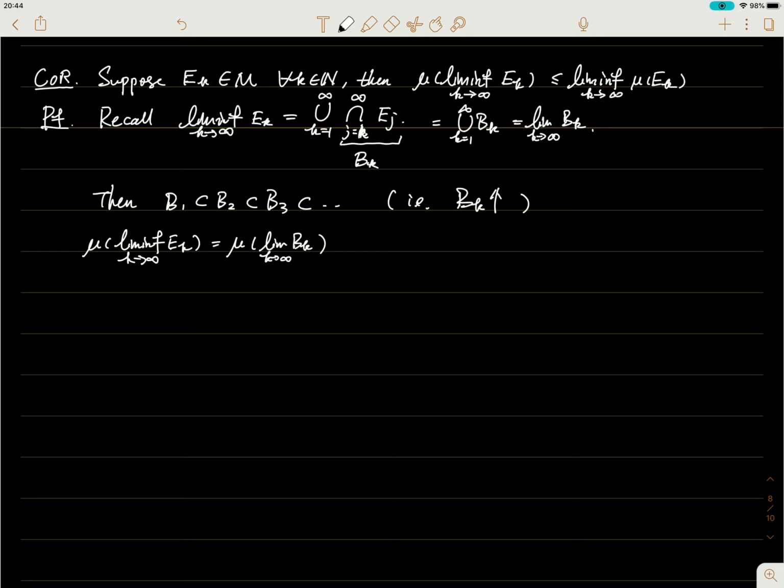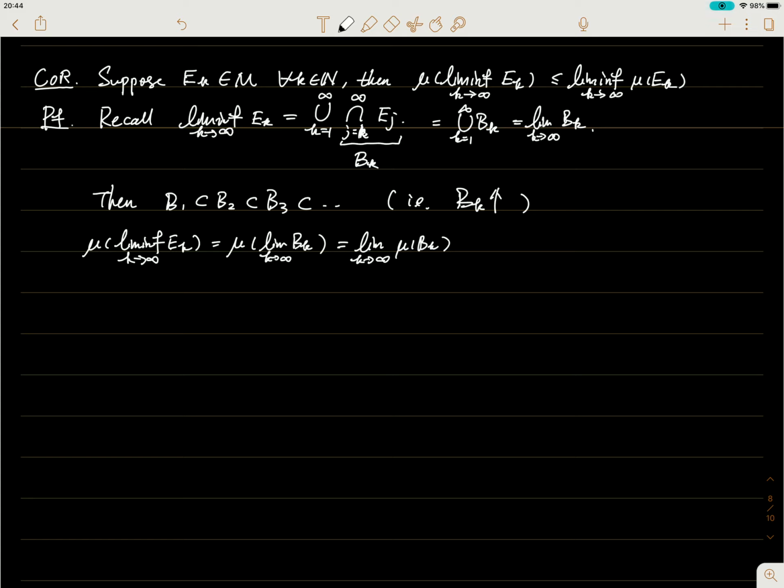And by the theorem we just showed, since B_k is increasing, the measure of the limit is equal to the limit of the measure, right? For an increasing sequence, we have this.